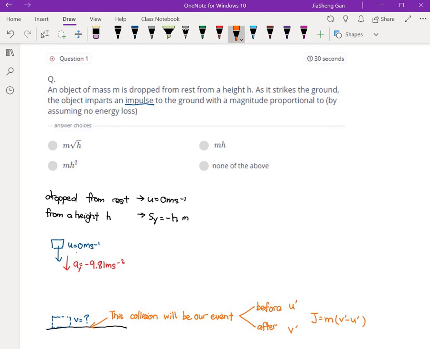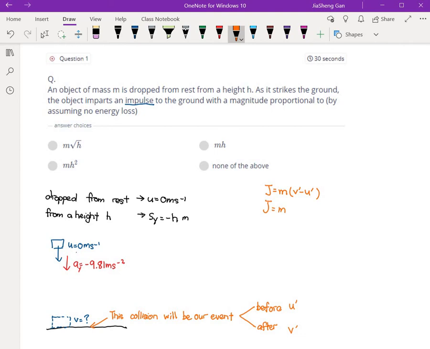So this is the impulse imparted by the object to the ground. Actually this one is the impulse imparted by the ground on the object, but never mind, we only care about the magnitude, so the sign we don't care much about. We know that when this thing hits the floor, it will not bounce back.